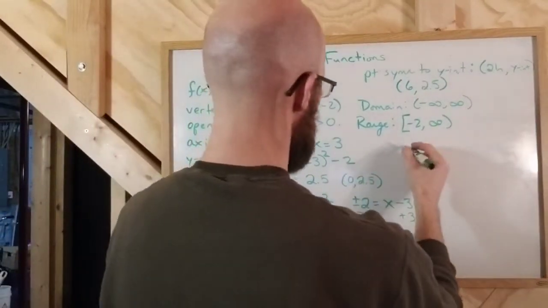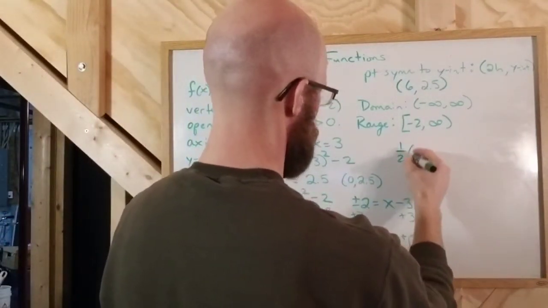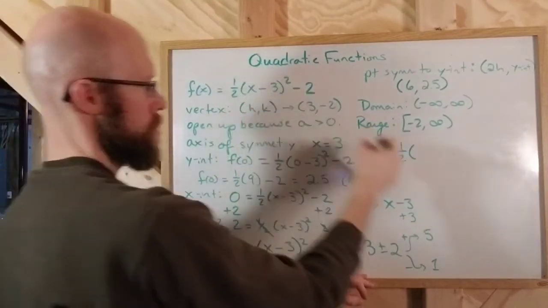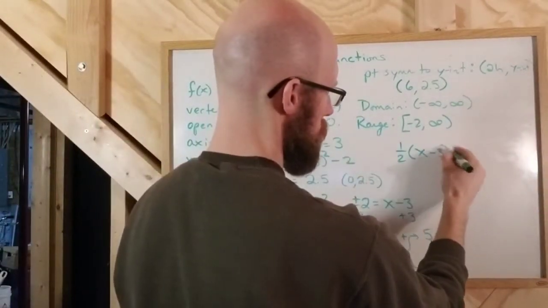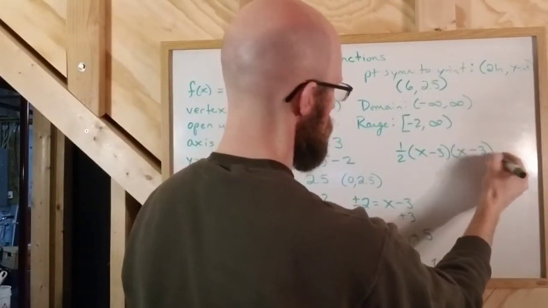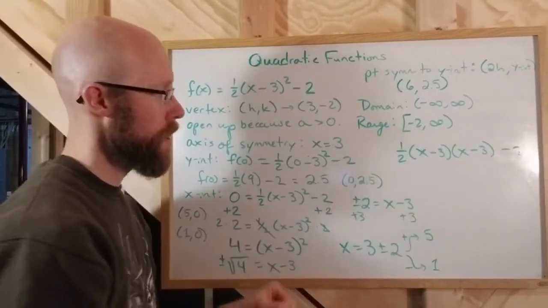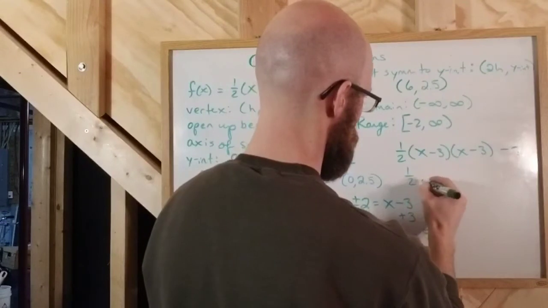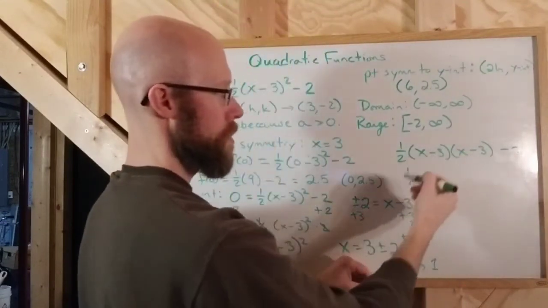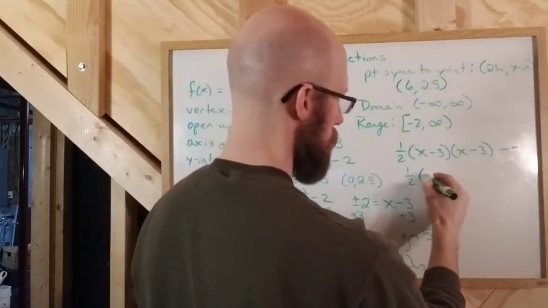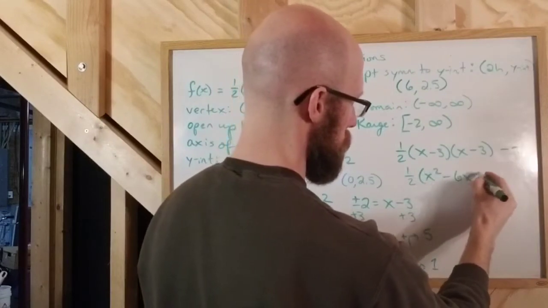So if I took 1/2 times (x - 3) squared, that's really (x - 3) times (x - 3). If I were to distribute that, you'll find the (x - 3) squared becomes x squared minus 6x plus 9.